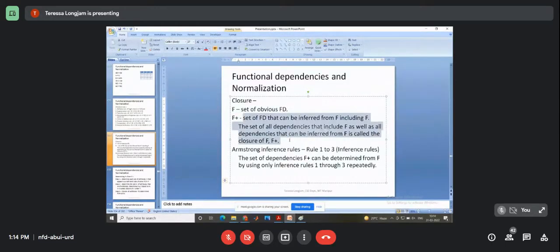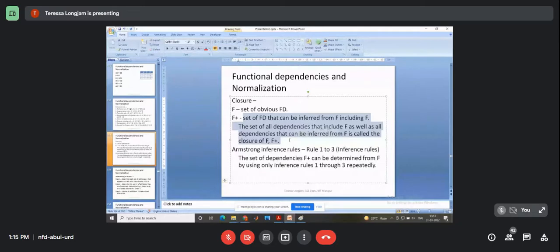Let me read it out: the set of functional dependencies that can be inferred from F, including F. So we will be inferring functional dependencies from F, and this F together with these inferred functional dependencies, the combination of these two, will be the closure of F. That is F plus.